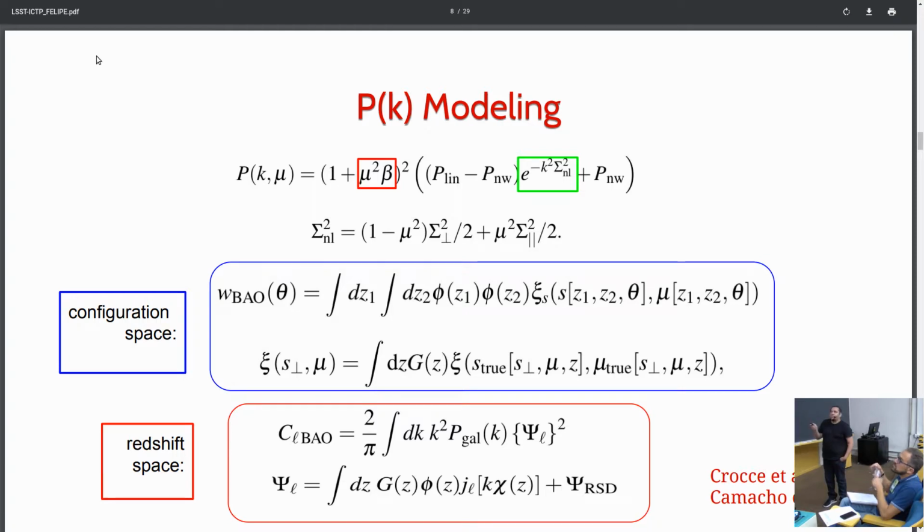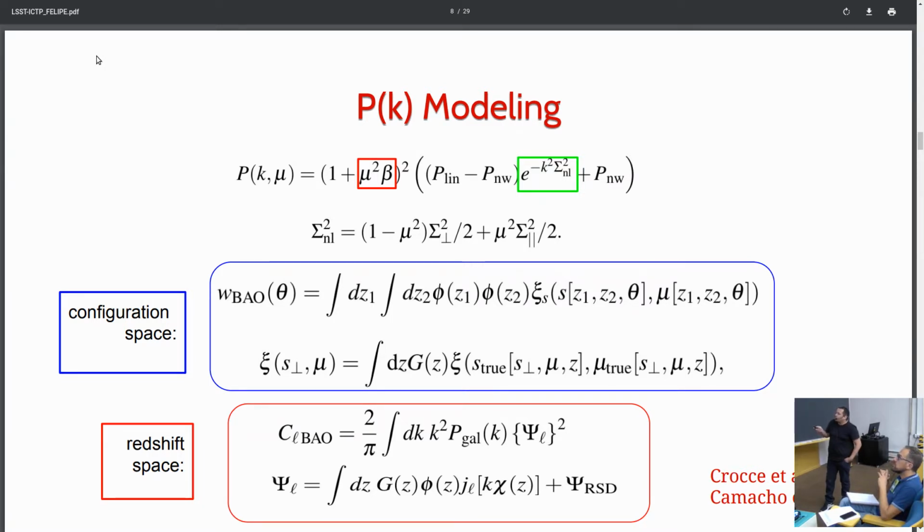We take the power spectrum with this form here, and this term is for the redshift space distortion. We measure the wiggles provoked by the BAO using this difference times this factor, the Gaussian damping, which takes into account the non-linearity at the BAO scales. We know that the non-linearity acts on very small scales, but we have this residual effect here.